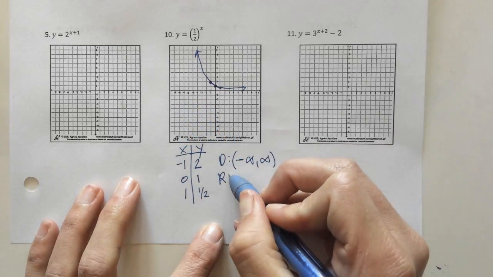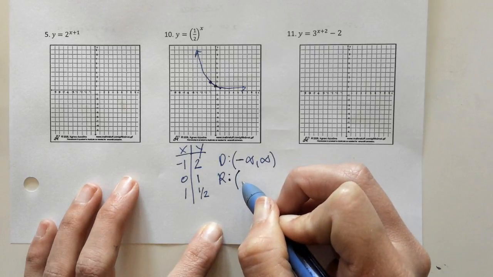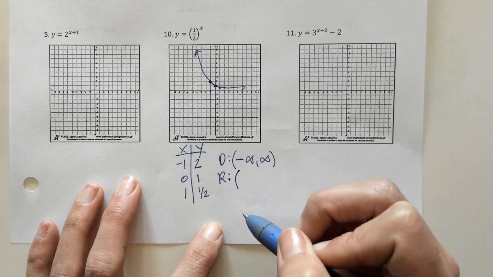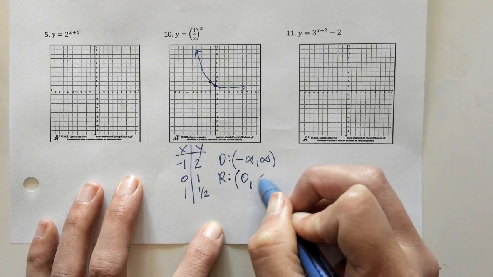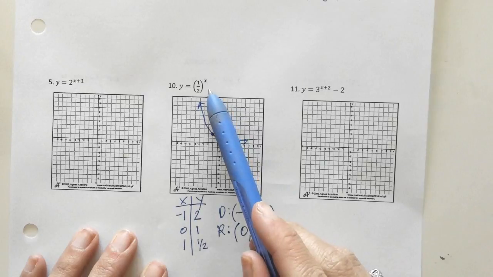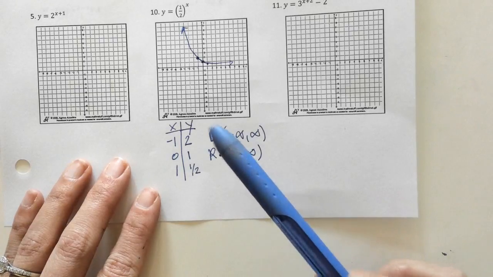Alright, what about range? This is what? 0 to infinity. Again, y'all focus. There's nothing being added or subtracted, so it's going to be 0 to infinity, okay?